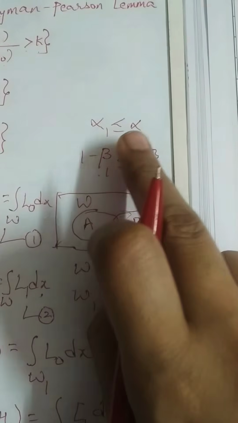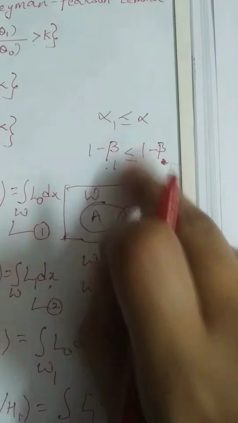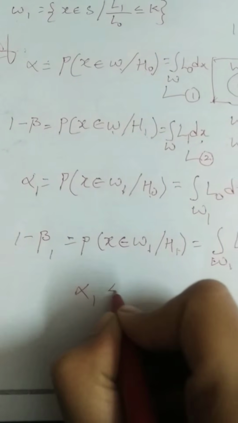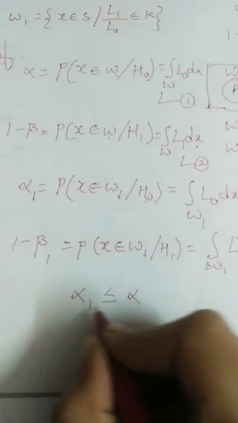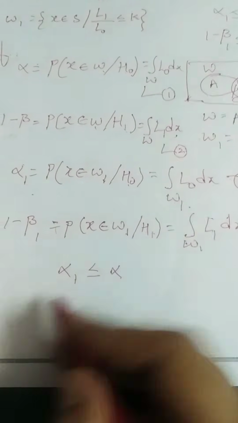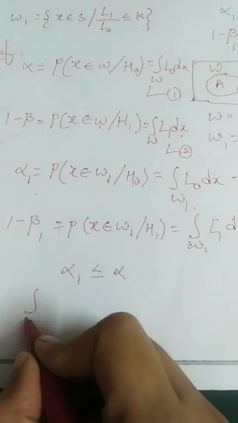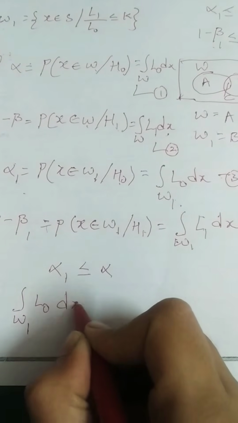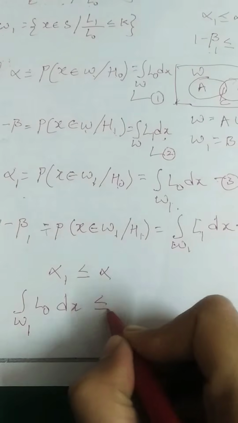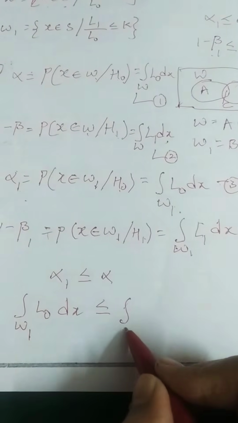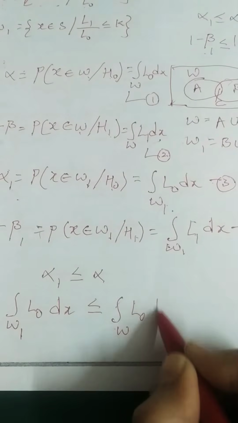After writing all this, what are the things we have to prove students? First, alpha 1 is less than or equal to alpha. What is alpha 1? We have got alpha 1 as the integral of omega 1 L naught dx, less than or equal to alpha, which is the integral of omega L naught dx.